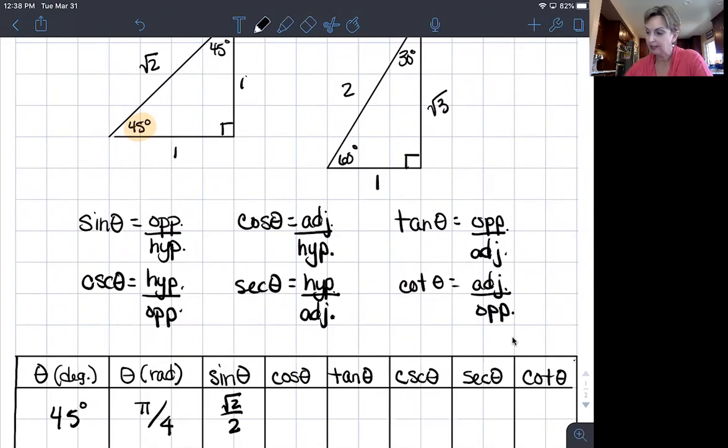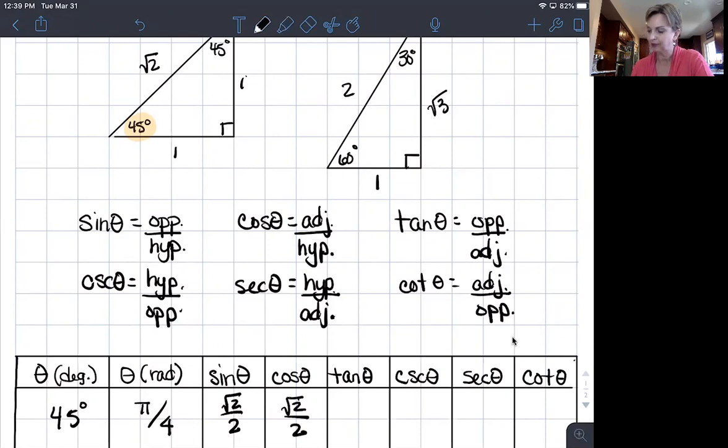Okay, cosine, if we again look up there at our 45, 45, 90 triangle, cosine is adjacent over hypotenuse. It's the same thing as sine, which is 1 over the square root of 2. Multiply top and bottom by the square root of 2. And you get the same thing as we have there for sine, which is the square root of 2 over 2.